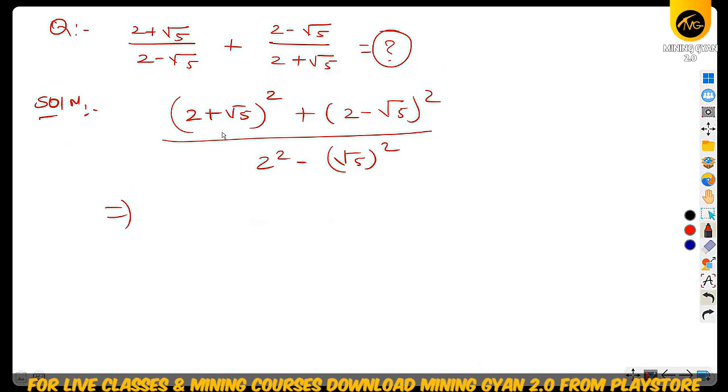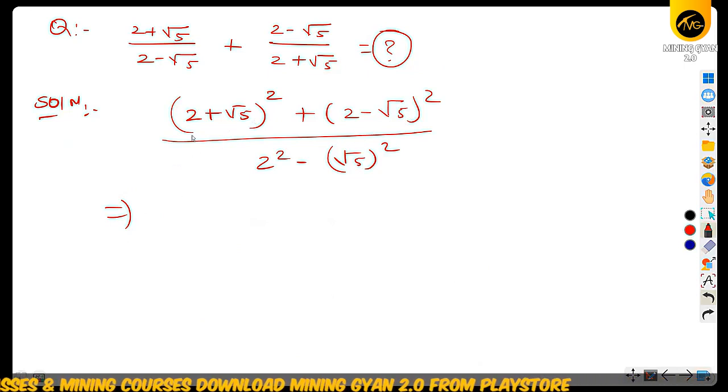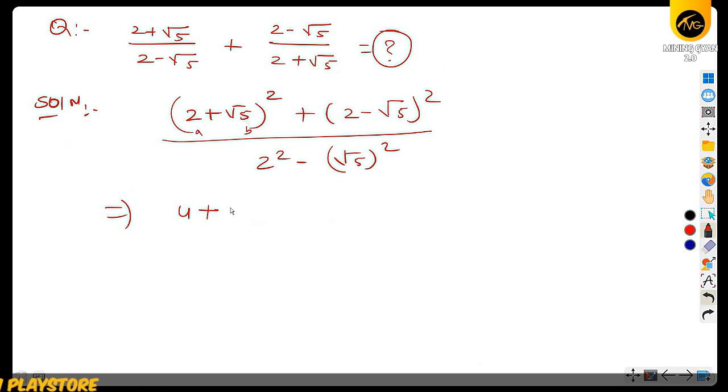So just solve the expression like (a plus b) whole square and (a minus b) whole square. So what is a and b? In this case, 4 plus 5, that means a square plus b square, plus again 2ab, that means 2 into 2 root 5. Clear?